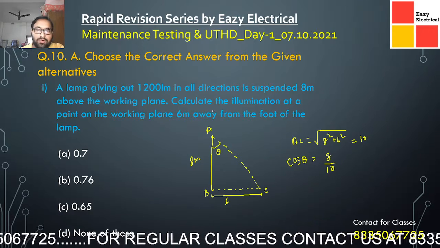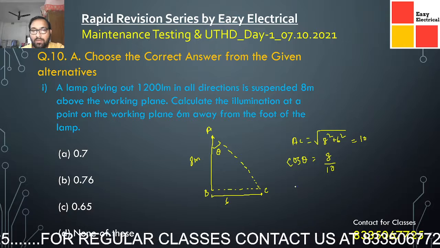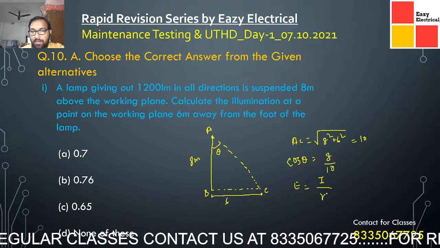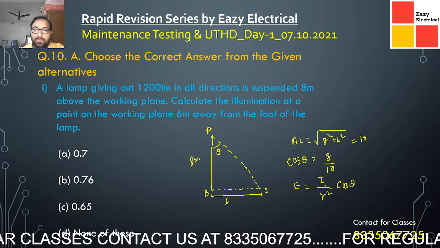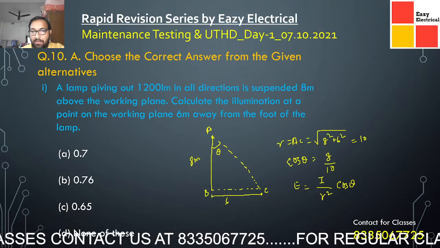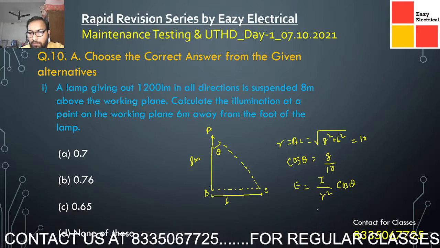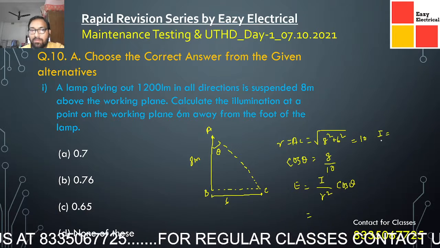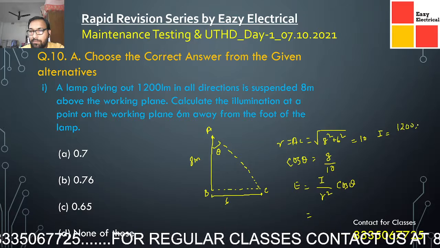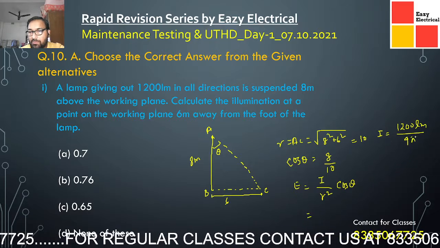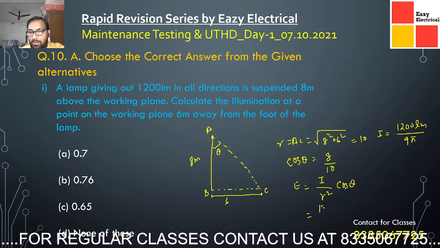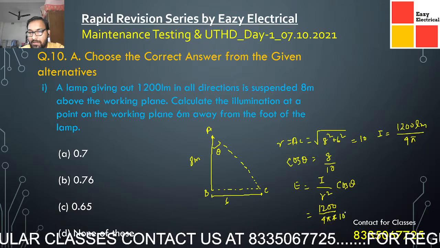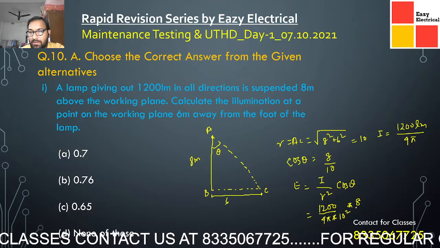Now we all know that illumination E equals I divided by r square into cos theta. Here AC is your r value. Now if we put in the values, what is I? I is the light coming out, that is 1200 lumen divided by 4 pi. So you get 1200 divided by 4 pi into 10 square, and cos theta we have obtained as 8 by 10.